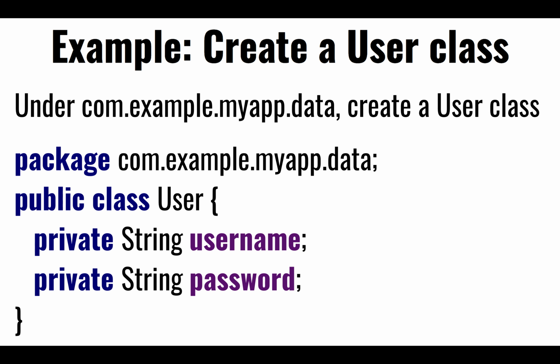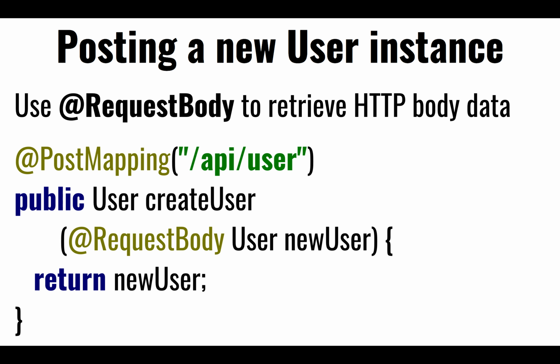So here's an example of an object that we might want to send over from the client to the server: a username and password. And here's an example of using the request body to parse the incoming data that is coming from the client, presumably formatted as a JSON string.